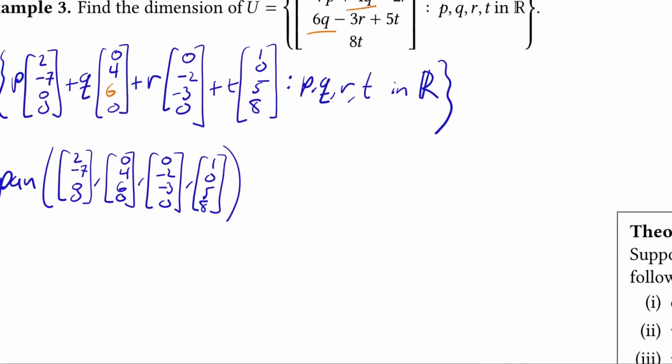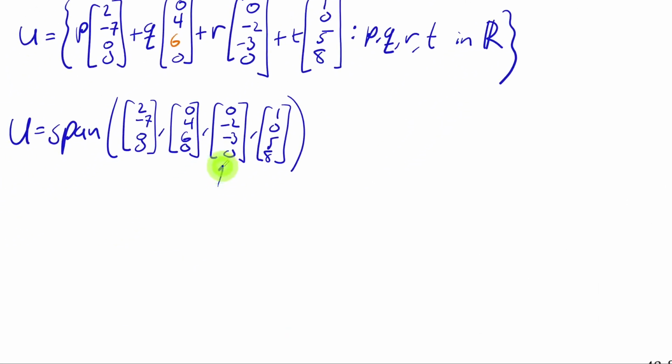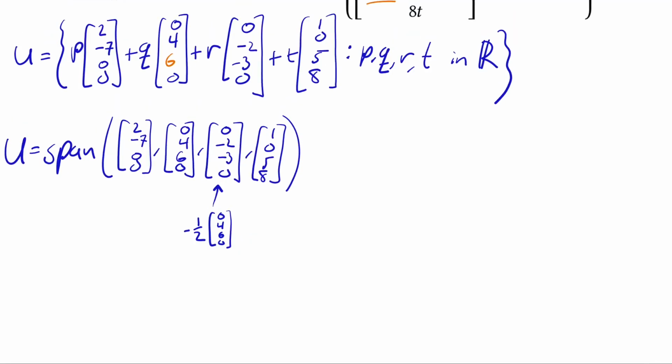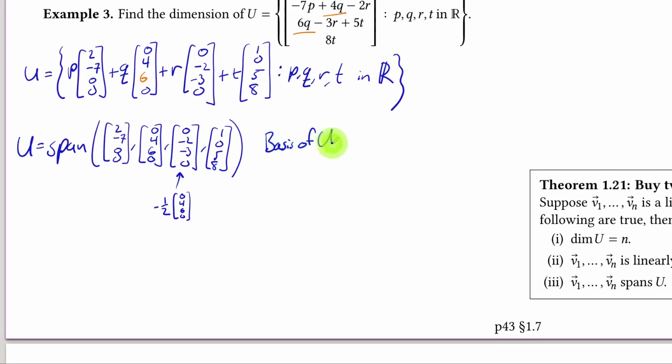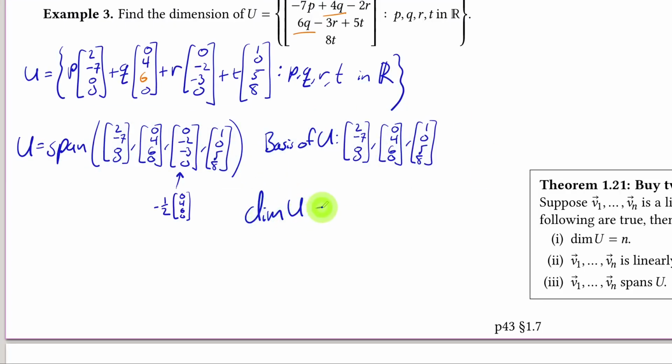Or just by looking at it, you might notice that the third one is equal to negative 1/2 the second one. So that one can be removed without changing the span, and the actual basis is just the other three. So the dimension of U is 3. Cool beans.